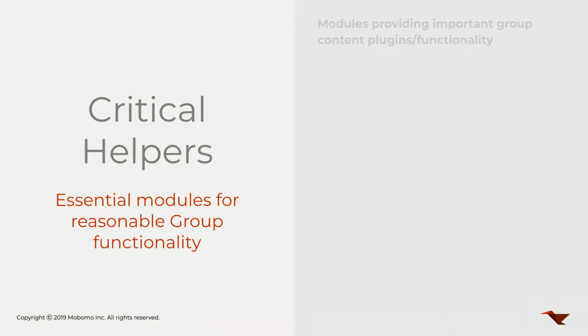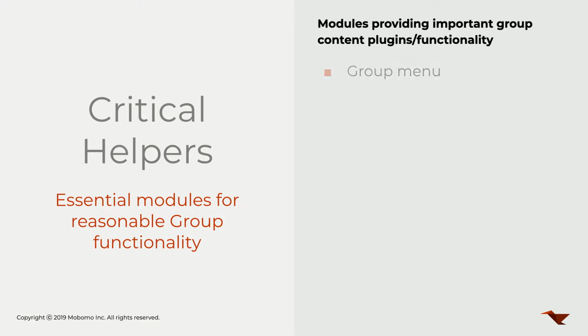Quick list of critical helpers. These are some modules that provide important plugins or functionality that, in my mind, are absolutely critical. Hopefully they eventually become part of group core. We'll see. You've got to have group menu, and I'll talk about some of the challenges getting that to work in a minute. Group media is a separate module as well.